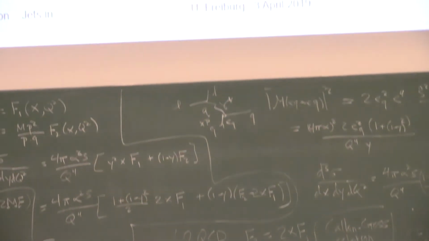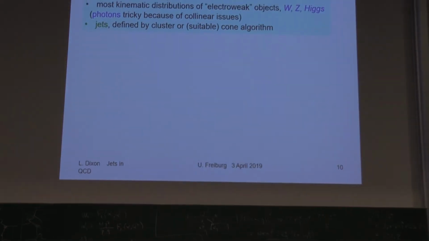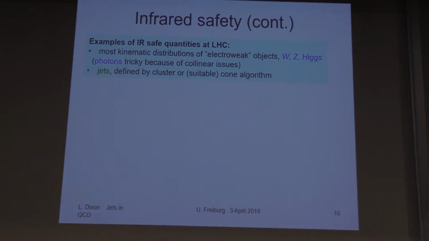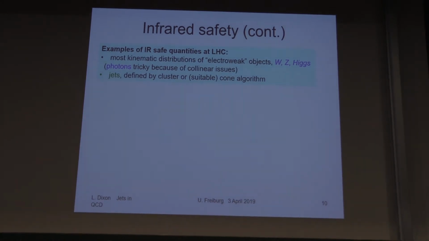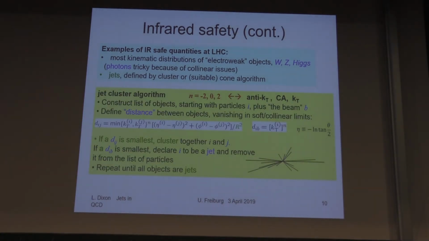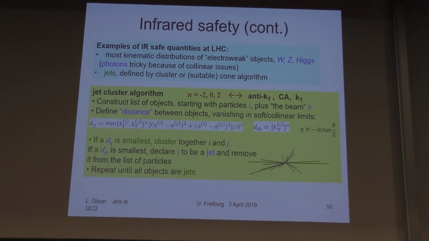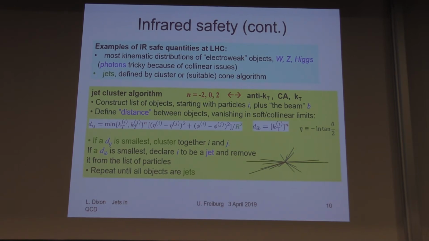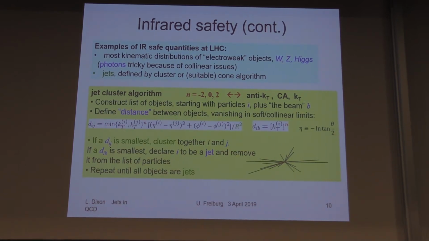And then the case I'll say a little bit more about is the hadronic object that dominates the LHC physics, which are jets. So in order to define jets, you have to find a suitable algorithm that makes manifest this infrared safety. Actually, at the Tevatron, the default jet algorithms turned out not to be infrared safe.